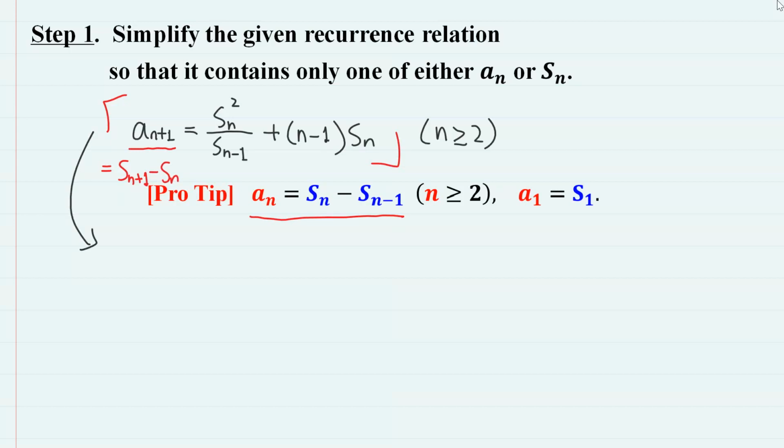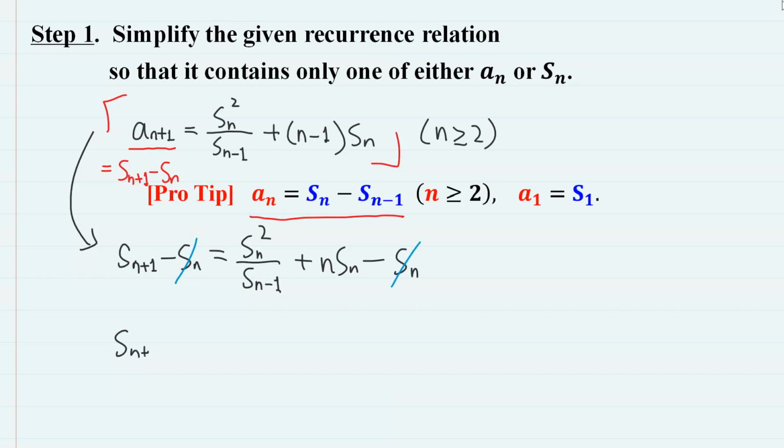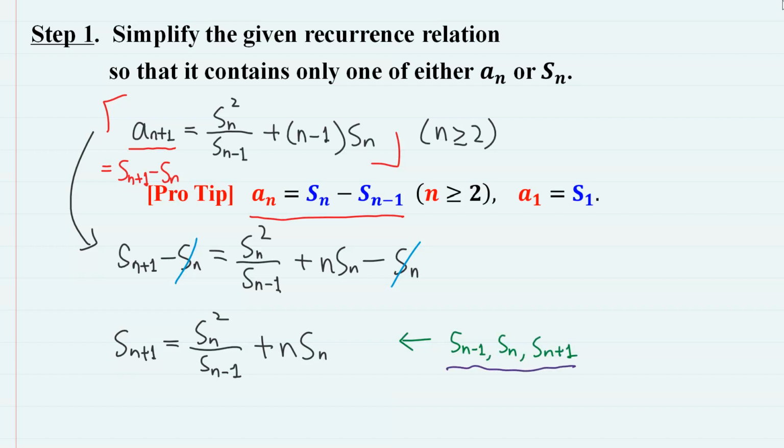Then the recurrence relation becomes S_{n+1} minus S_n equals S_n squared over S_{n-1} plus n times S_n minus S_n. So cancelling, S_{n+1} equals S_n squared over S_{n-1} plus n times S_n. Now only partial sums are involved in the recurrence relation.